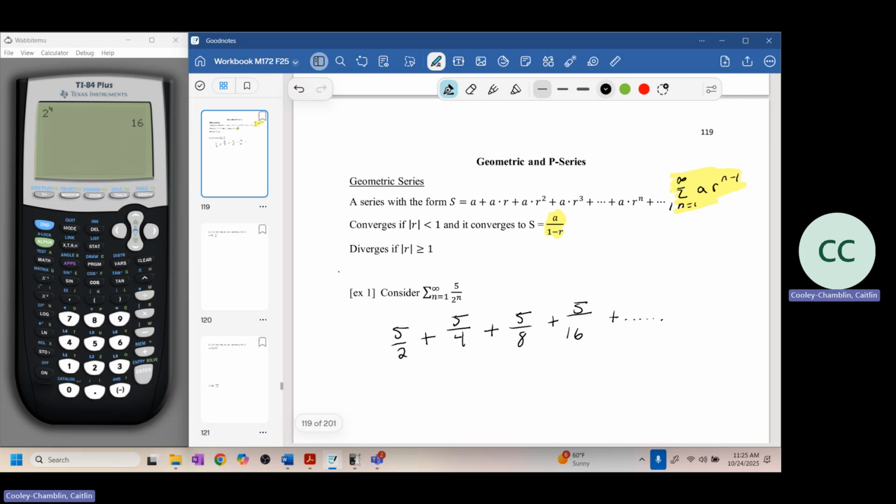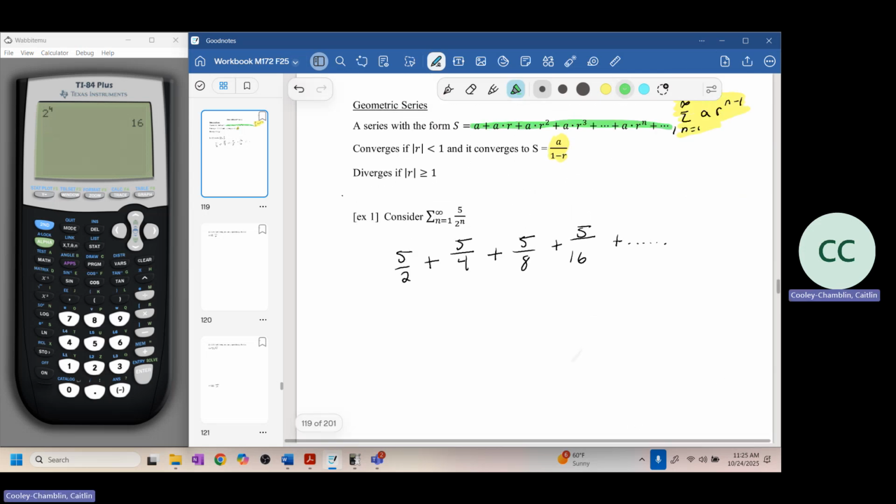Now notice that my series, to determine if they converge or diverge, need to have this particular form: A plus A times R plus A times R squared.